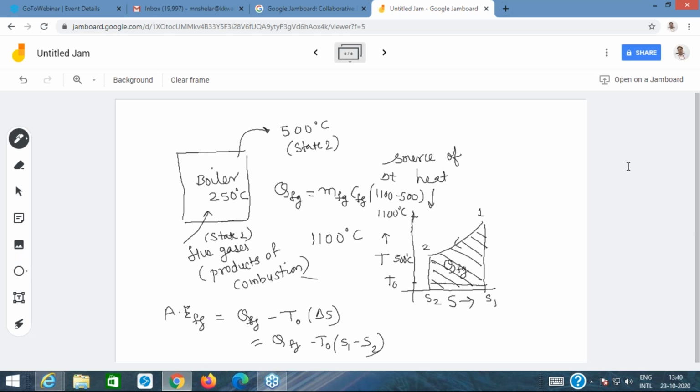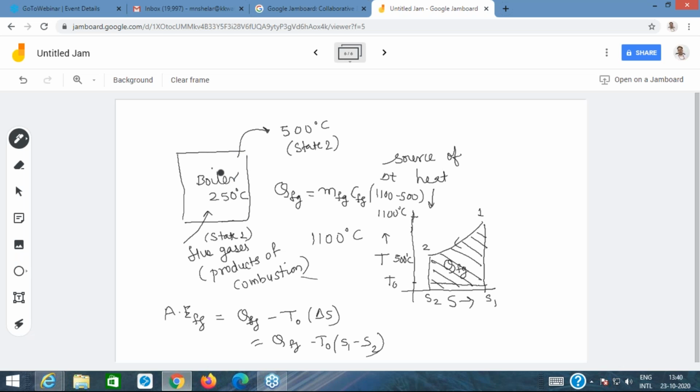I'm talking about delta S. Entropy would decrease because heat is being lost by the flue gases. Siddhil is right. So the entropy of the flue gases would decrease.